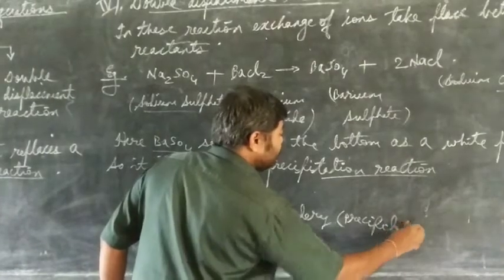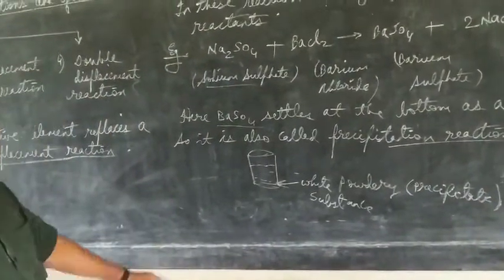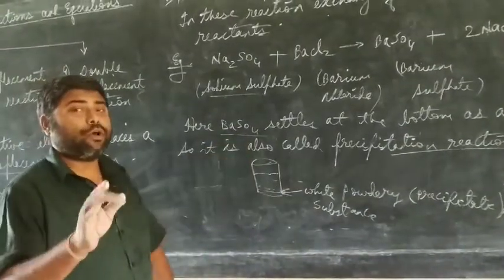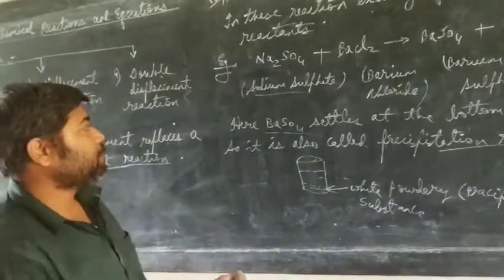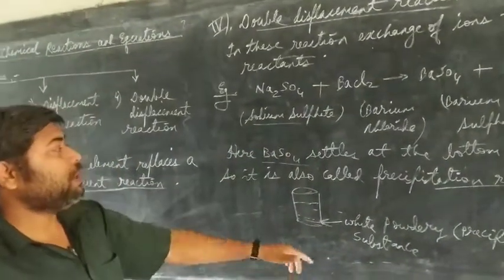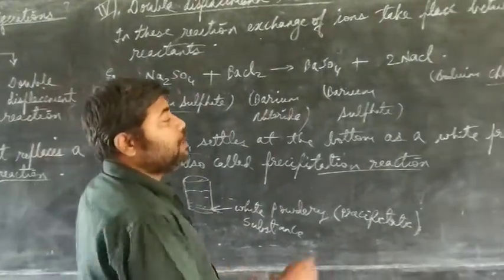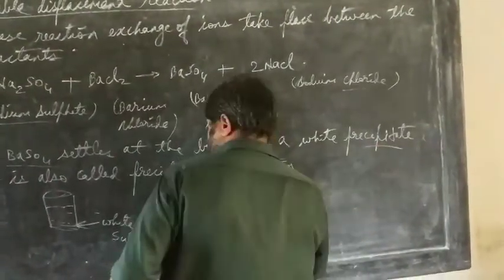Okay, this is called precipitate. So barium sulfate does not dissolve in water; it settles down. And this is also known as precipitation reaction because a precipitate is formed.